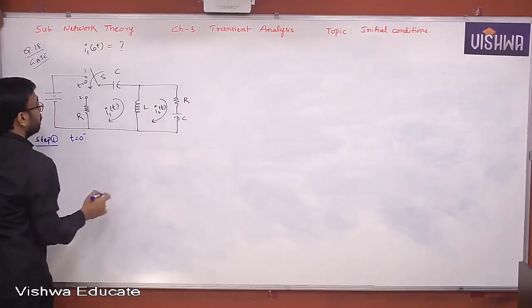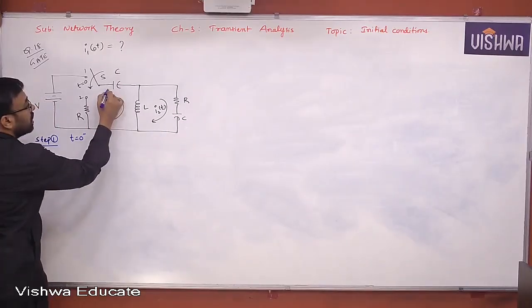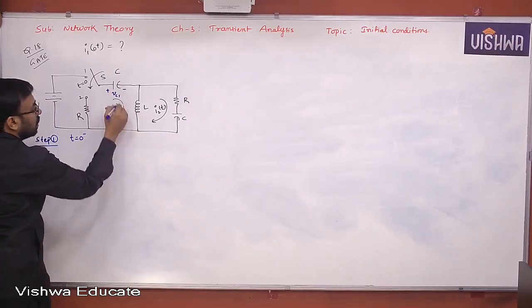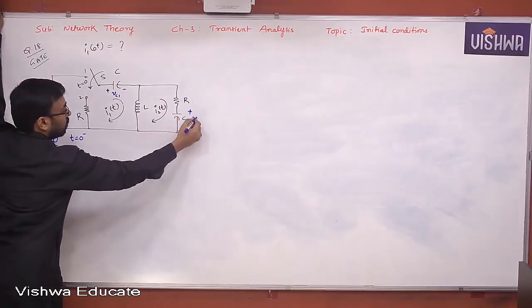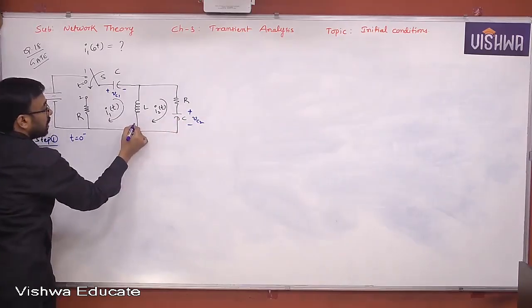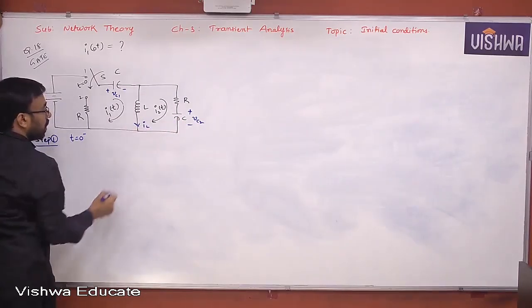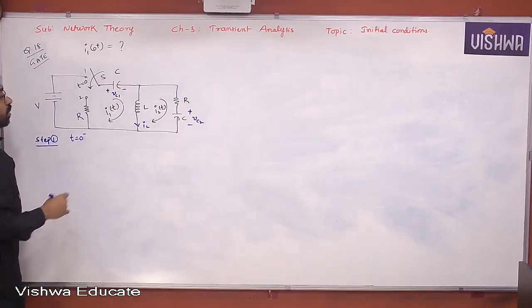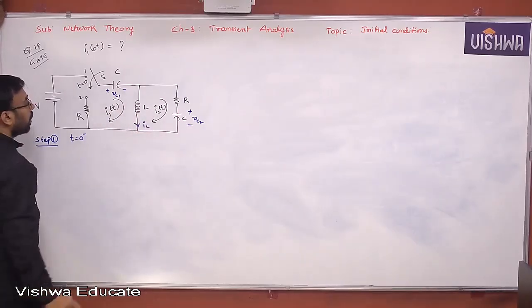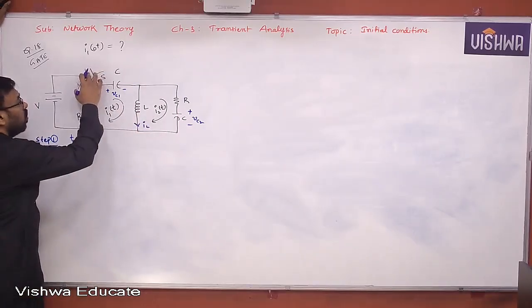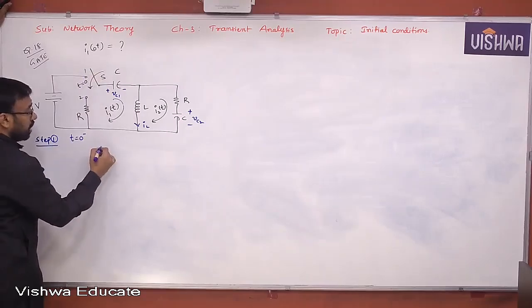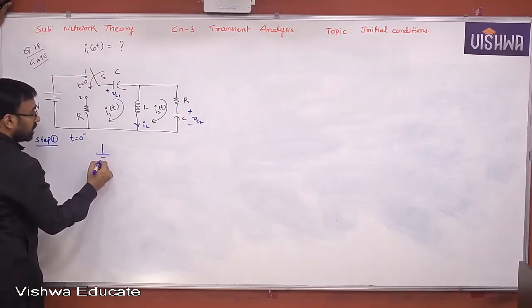Okay. Now let's see. This is VC1. Say this is VC2. Say this is IL. Understand? Because I want to know the current and voltage of these. When the switch is at 1, it looks like this. Let me draw the circuit.